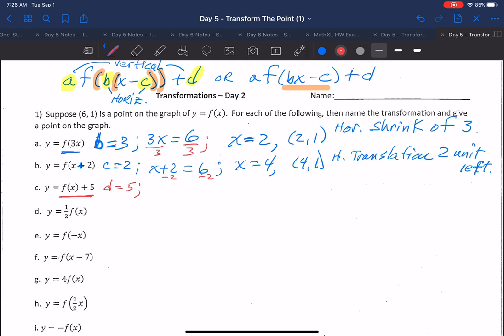So what would you do here? You would just say y equals 1 plus 5. Y equals 6, okay? So our transformed point is going to be 6, 6. We just moved the whole thing up 5 units. It was at 6, 1, and it's a vertical translation.